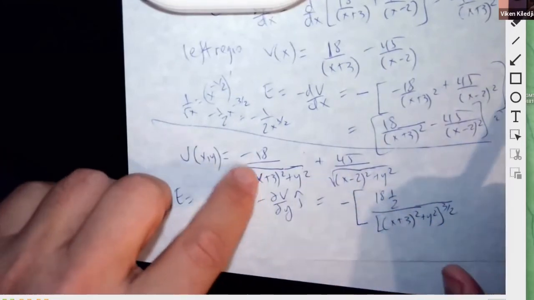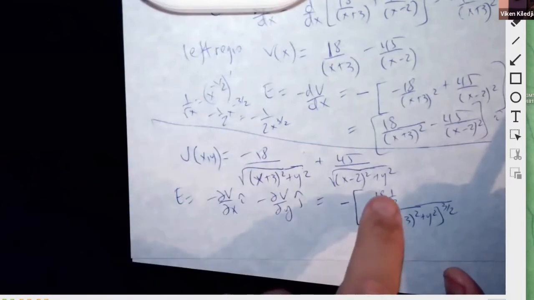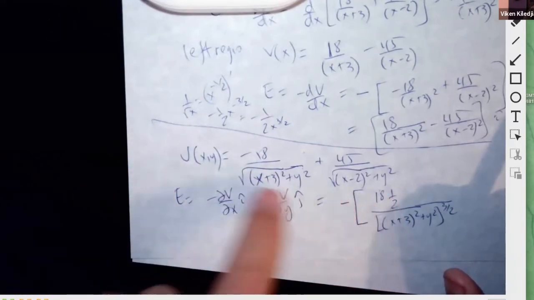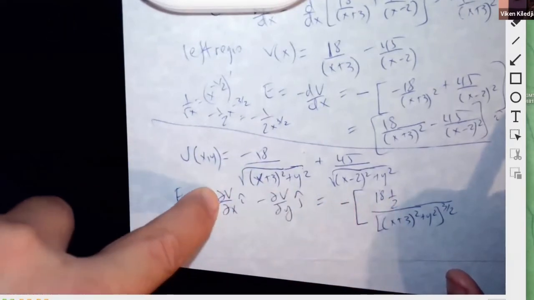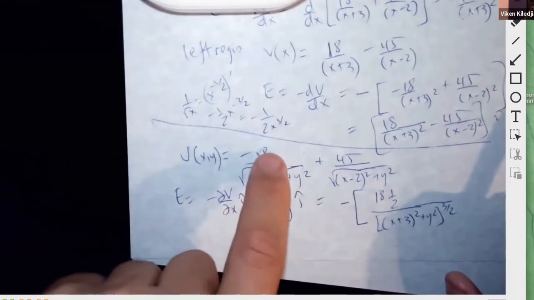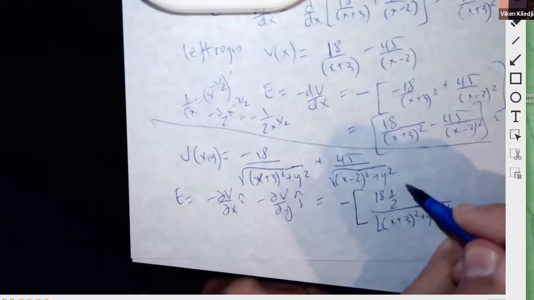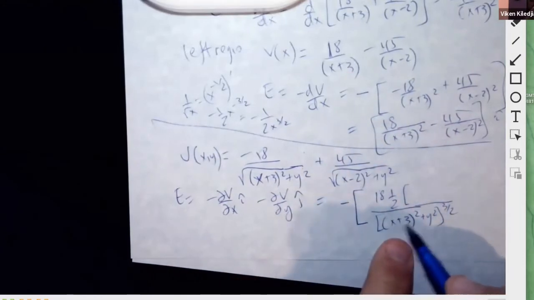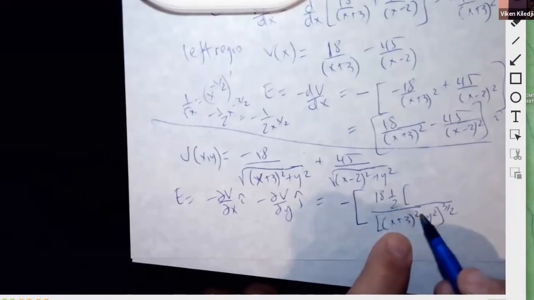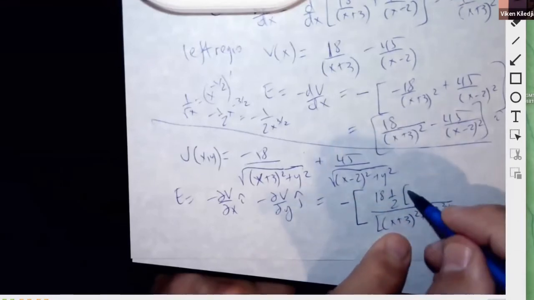The derivative of this guy is going to be negative of itself. I'm not applying this outside negative yet. So then the negative 18 times 1/2 times this thing to the 3/2 power times the derivative of the inside with respect to x. So what's that going to be? 2 times x plus 3.